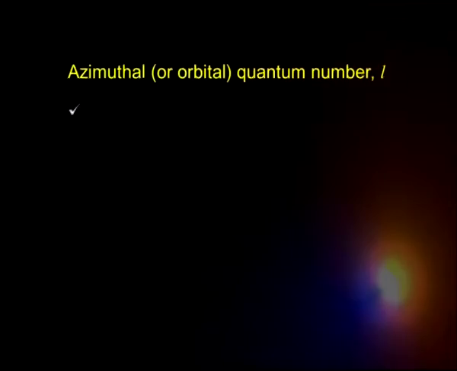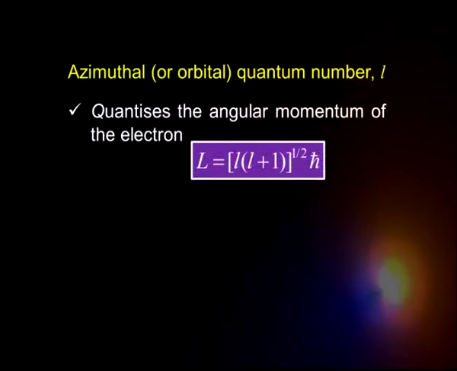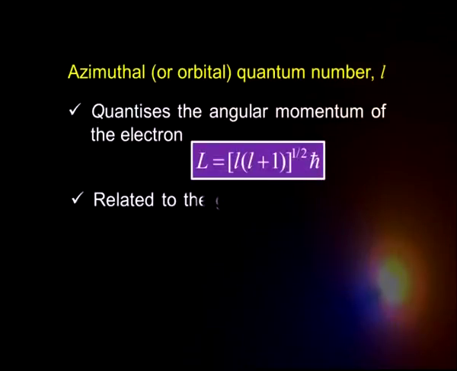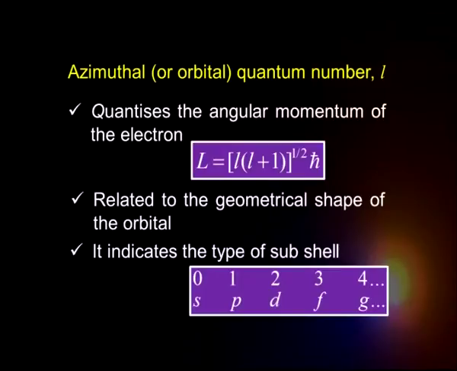The second quantum number is the azimuthal quantum number L. That is the one which quantizes the angular momentum of the electron. n was quantizing the energy, L quantizes the angular momentum. And in colloquial terms, L is related to the geometrical shape of the orbital. If L is equal to 0, we have a spherical shape, the s orbital.